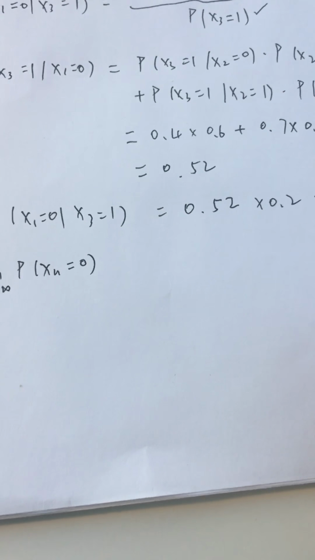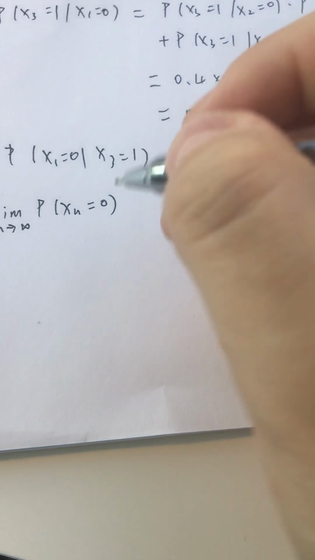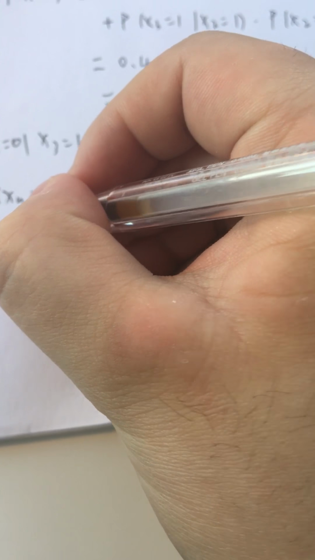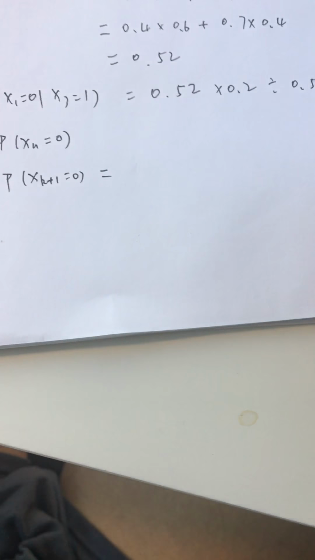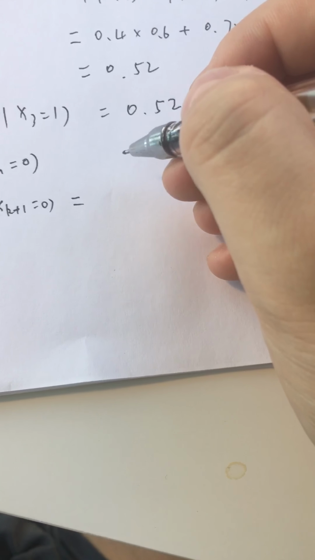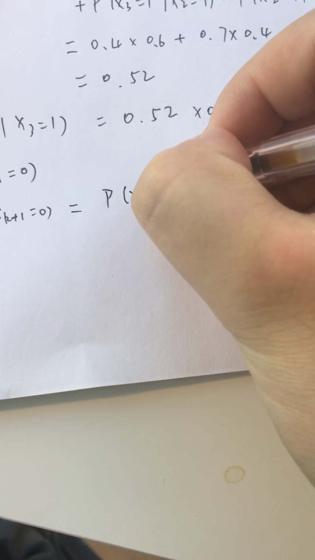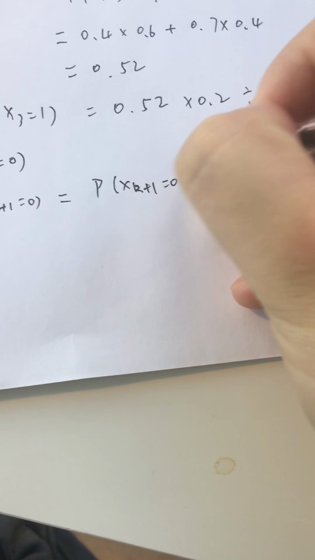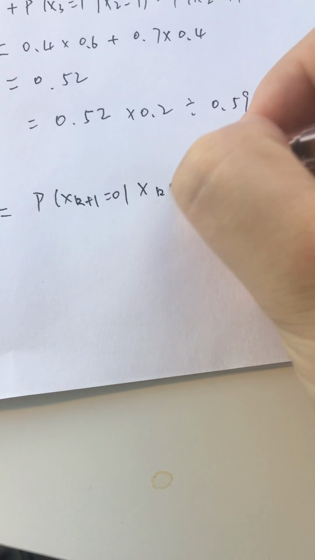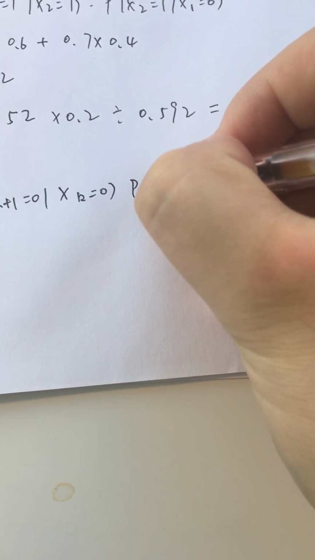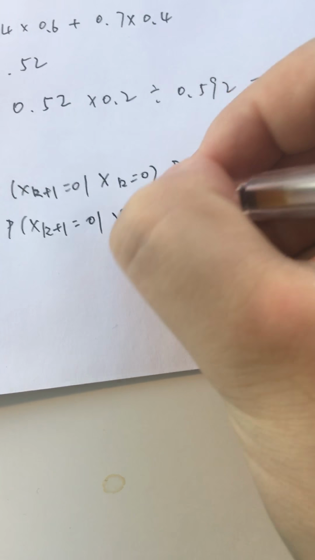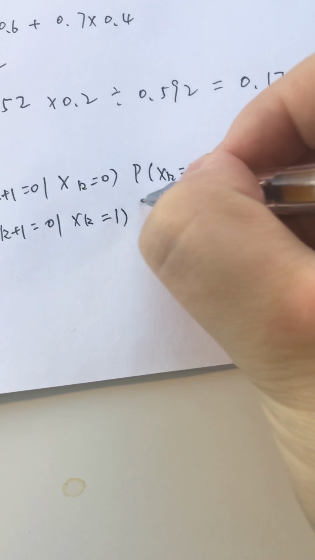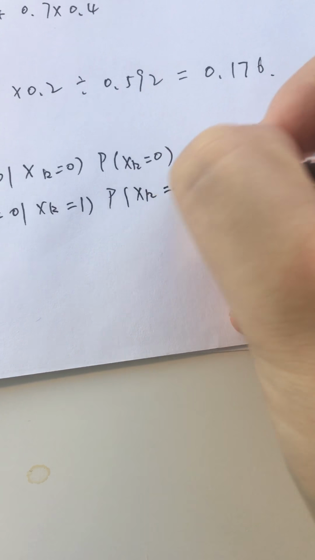So in this question we want to find the probability of x(k+1) is 0, which is the probability of x(k+1) is 0 given xk is 0 times the probability of xk is 0, plus the probability of x(k+1) is 0 given xk is 1 times the probability of xk is 1.